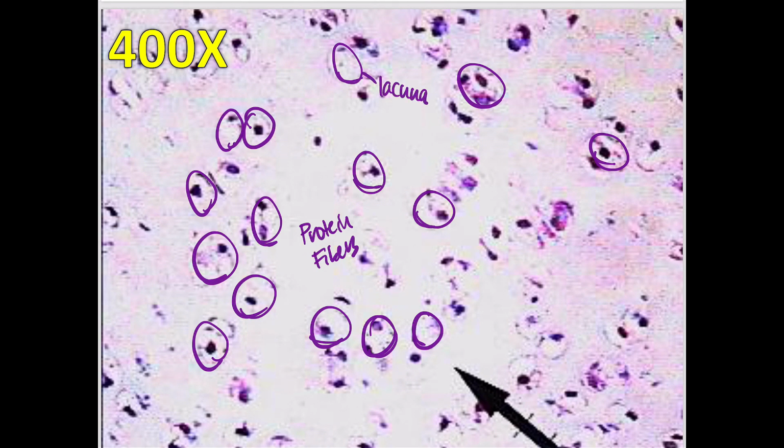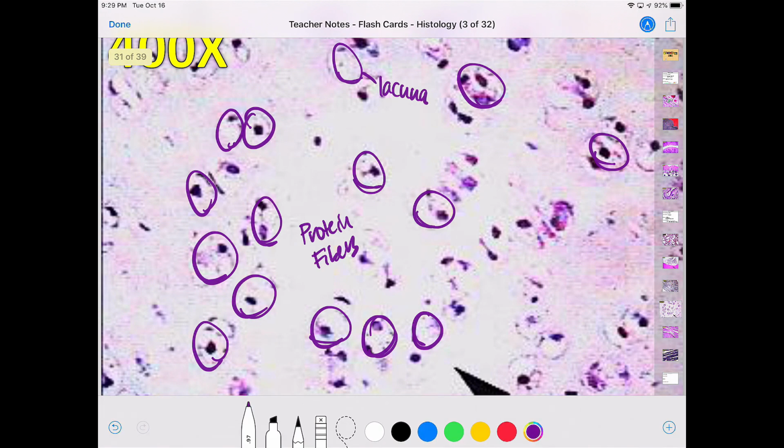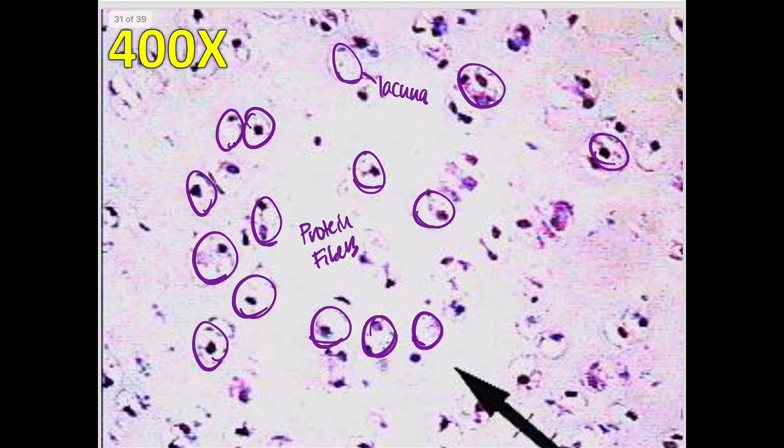Lacuna. And then the bones, or we don't have bone cells this time. I'm going to make them a different color just so that we can see them. They do look purple, so I'm going to make them blue. I'm just going to color in some of those dots because those are the cells that I'm referring to. But this time they're not bone cells, they're actually cartilage cells.